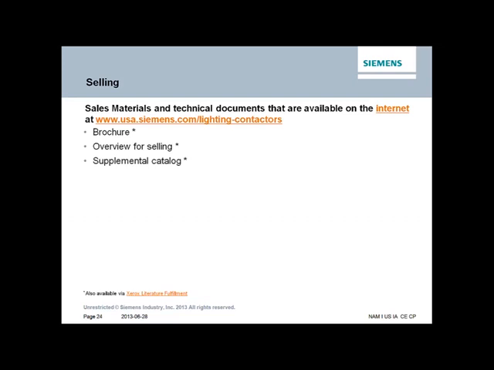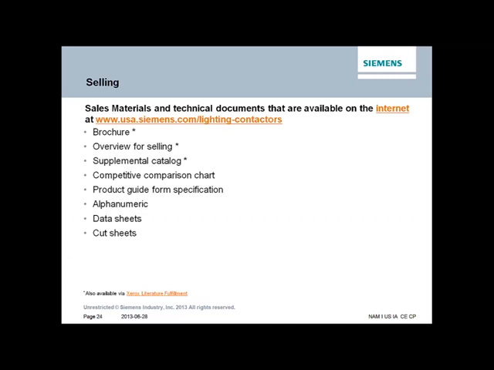However, you can find the supplemental catalog for the new contactors. There is also a competitive comparison chart, a product guide form spec, the alphanumeric, data sheets, cut sheets, instruction sheets, outline diagrams, and wiring diagrams, as well as photos.